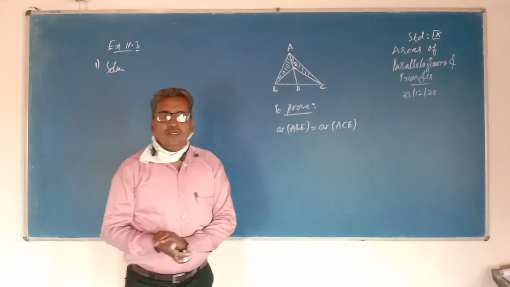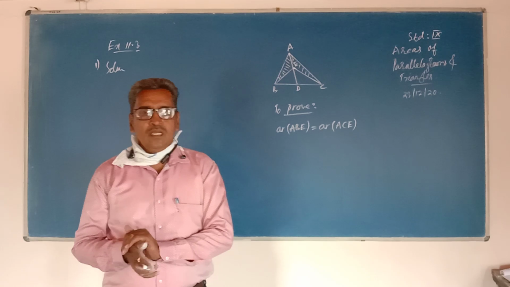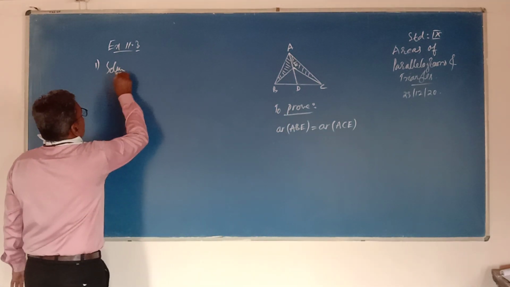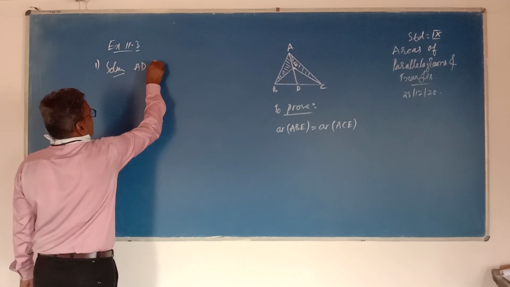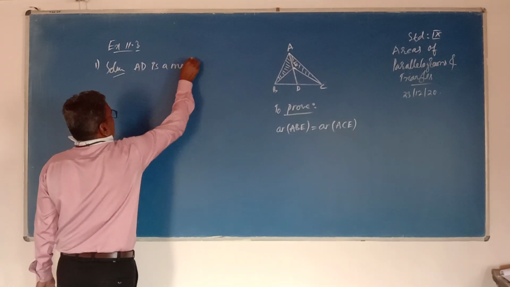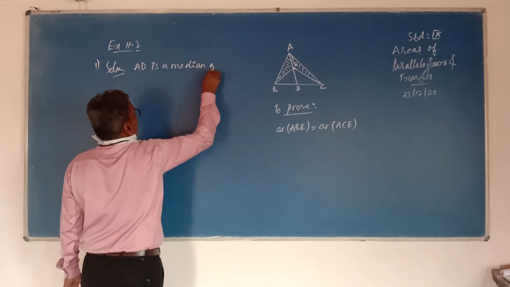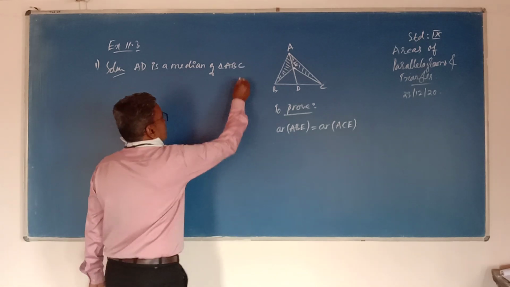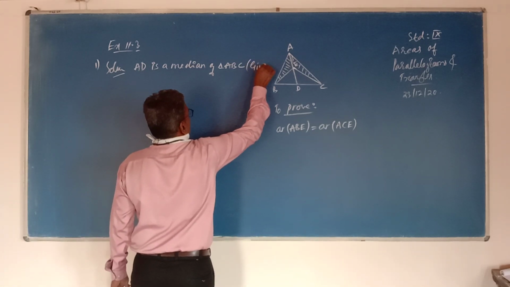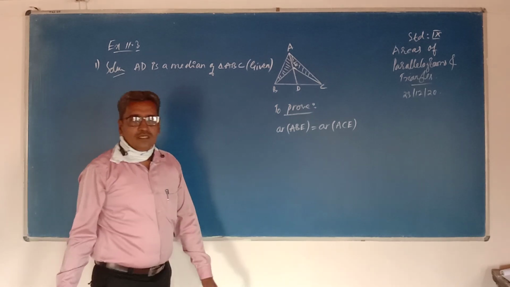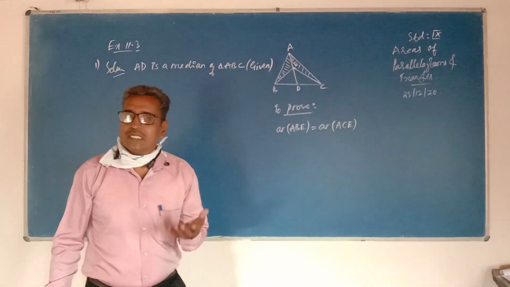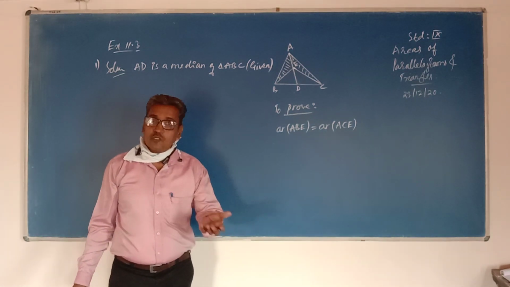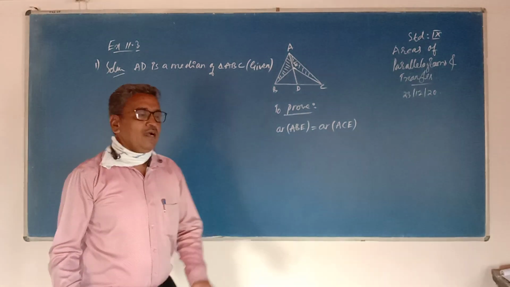Very carefully observe the given things, which are very important. AD is the median of triangle ABC. Therefore, by the theorem, the median of a triangle divides the triangle into two triangles of equal area.